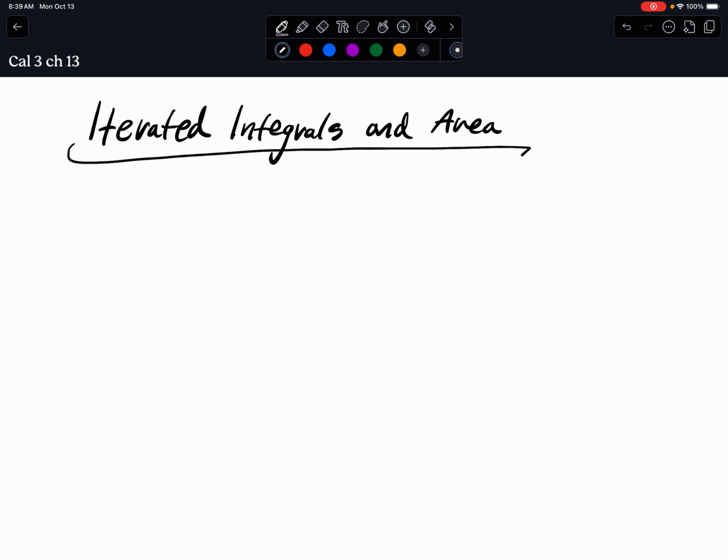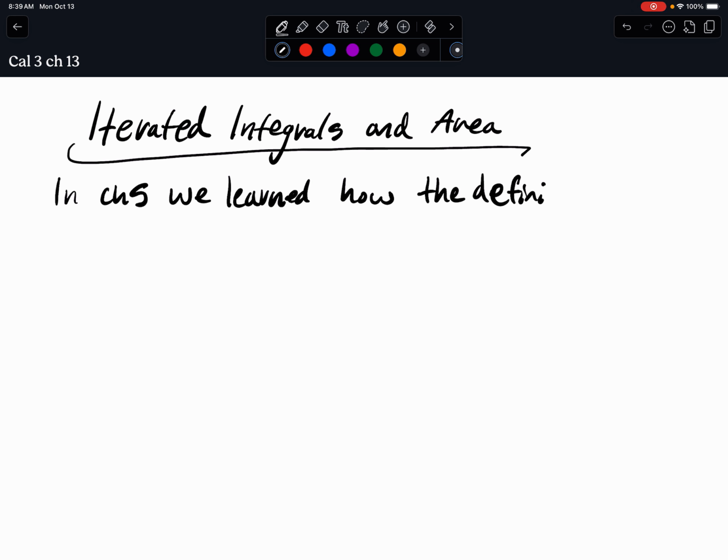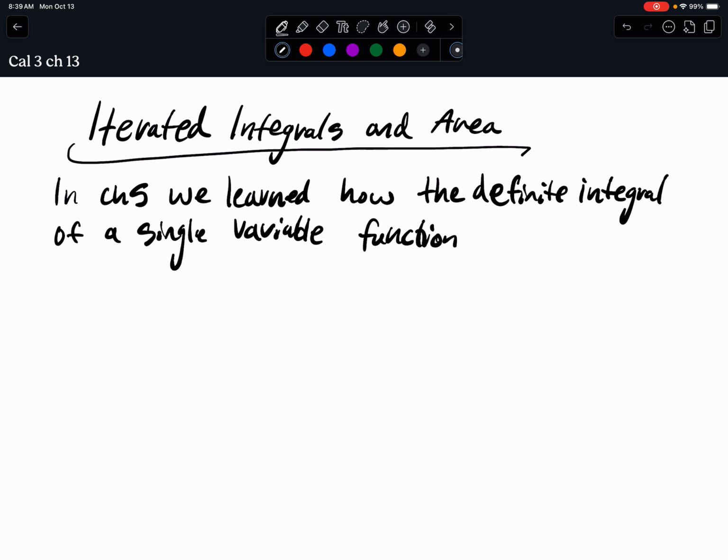So we're going to do iterated integrals and area. In chapter 5 of our textbook, we learned how the definite integral of a single variable function provides area under the curve.